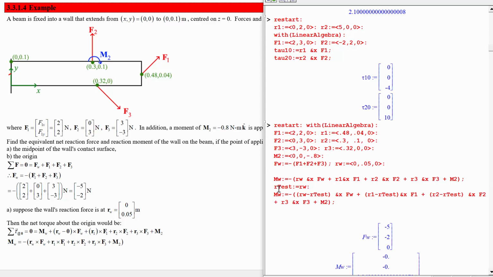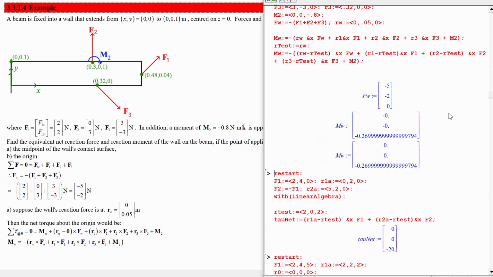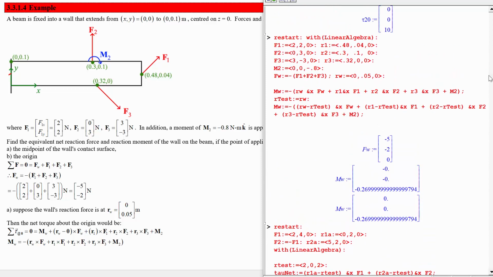So we're going to subtract off the test position for each of these moment arms, rather than subtracting off the origin. And we should get the exact same moment as before. It shouldn't matter where we were saying the net torque is equal to 0 about when we calculate the moment that the wall needs to apply. So yeah, exactly the same.